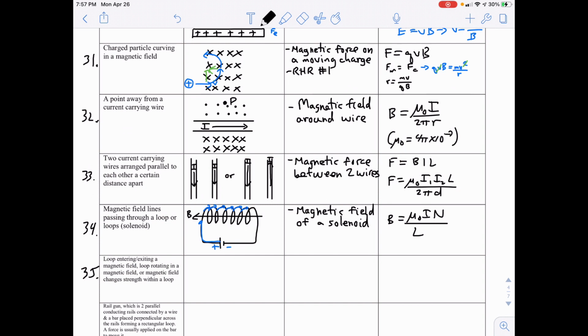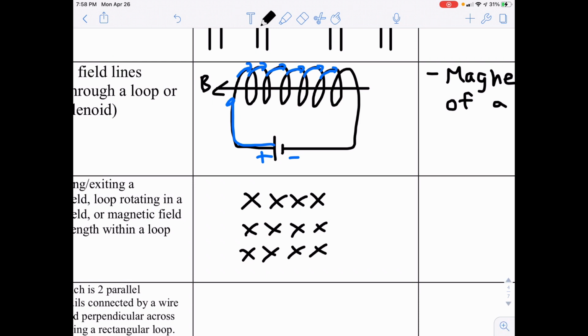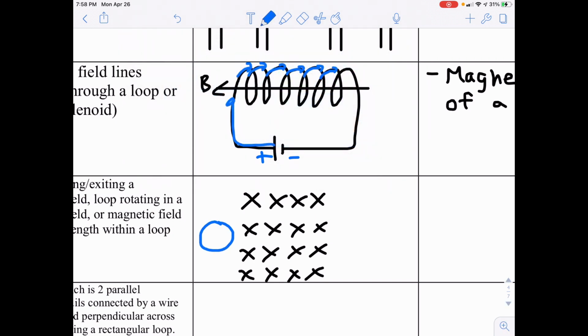Okay. Let's say we have a loop entering or exiting a magnetic field, or rotating in a magnetic field, or a magnetic field changing strength within a loop. Any of those are possible. So let's draw a few field lines directed into the page. Let's say we have a loop that we are forcing into this field right here, bringing it in this way.